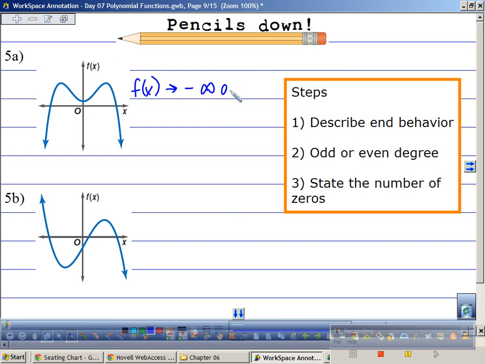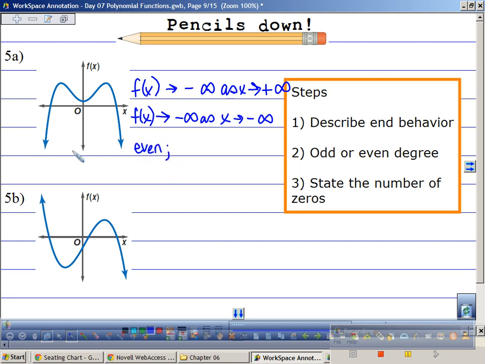Going negative as x is going positive. And my function of x is also going negative as x goes negative. That's that part. Is this an odd or an even degree? Even, because they're going in the same direction.